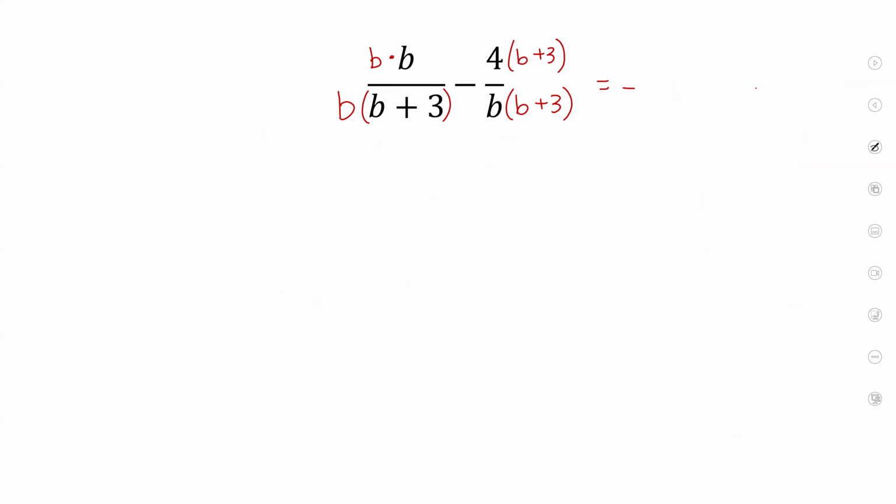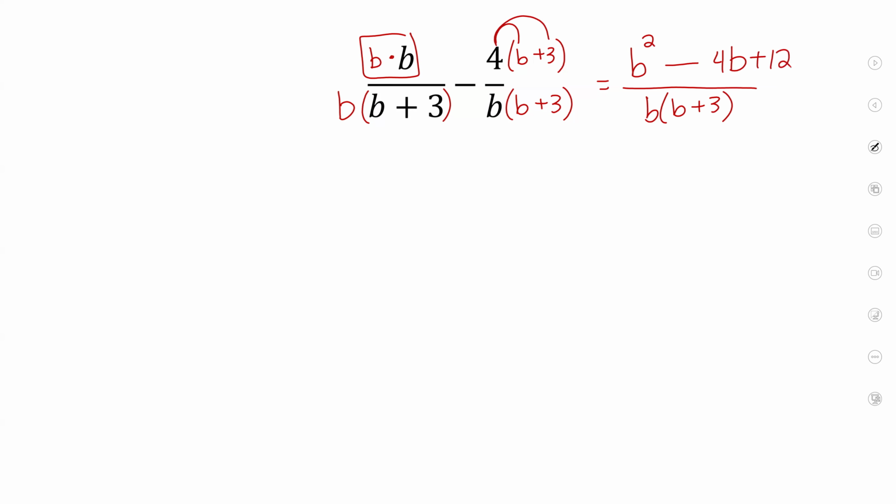Okay, so your denominator stays the same. Just bring it over. B times b is b squared. Minus 4 times b is 4b. 4 times 3 is 12.